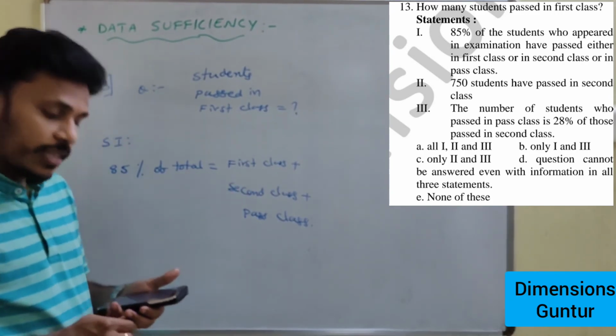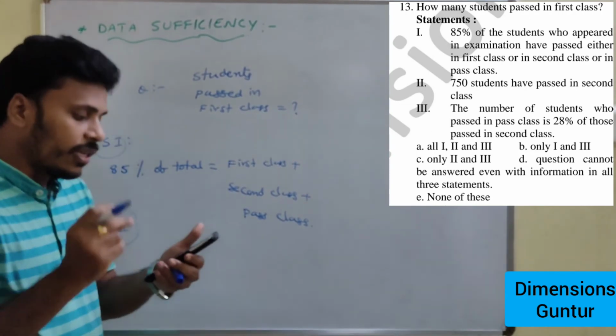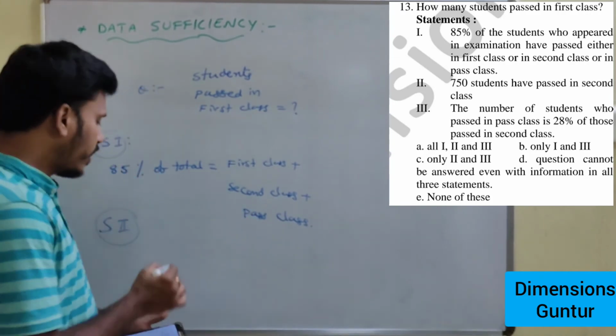Now think about the second statement. The second statement directly gives us that 750 students passed in second class.